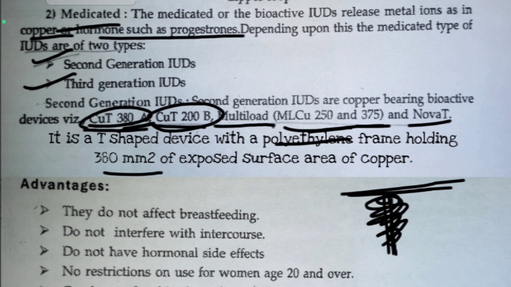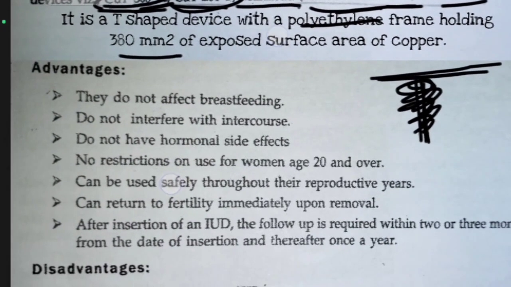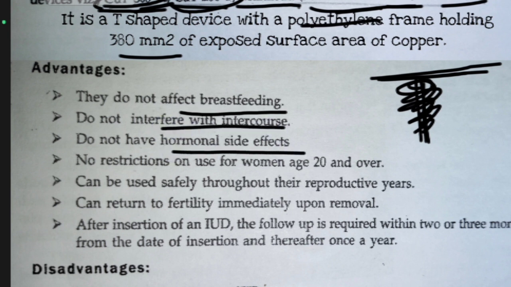These are the IUDs, and let's see the advantages. It will not affect breastfeeding mothers. Even though the copper T is covered with progesterone, it will not affect breastfeeding mothers, and it will not disturb during intercourse. There are no side effects of hormones, and a woman above the age of 20 can use it.